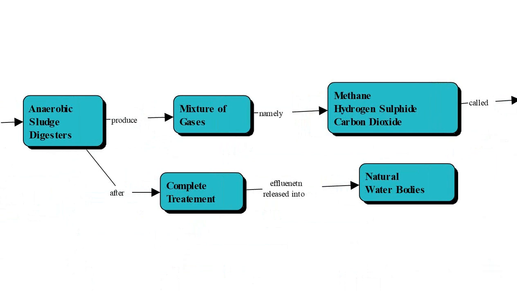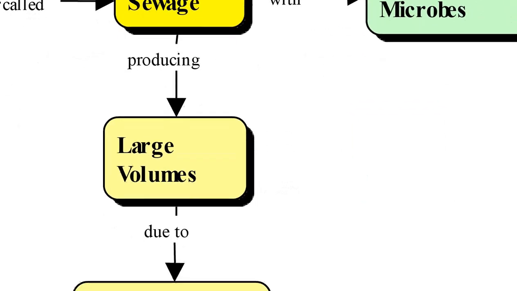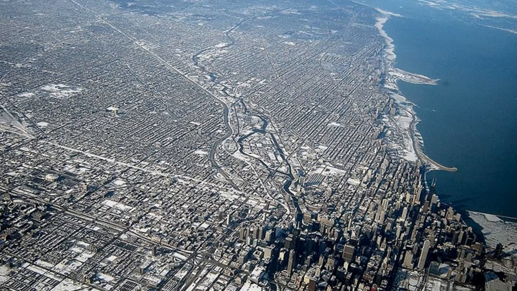Then after the completion of this anaerobic sludge digestion, water is discharged into the natural water bodies. Another important consideration is that sewage is produced in large volumes due to urbanization. This urbanization is releasing a high amount of sewage, and a high quantity of this sewage water is directly released into natural water bodies, which causes water pollution.